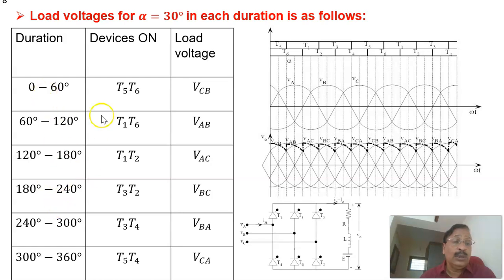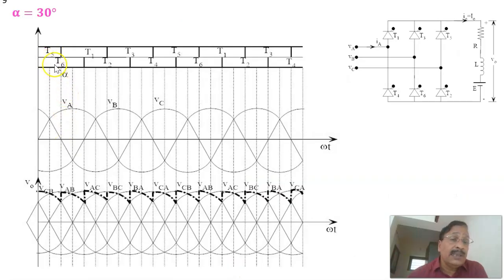For different durations, we have the devices conducting from the positive group and negative group, and the voltage across the RLE load, the line voltages marked here. As I explained on the previous slide, when T5 and T6 are conducting, the voltage equals VCB. When T6 and T1 conduct, the voltage equals VAB.